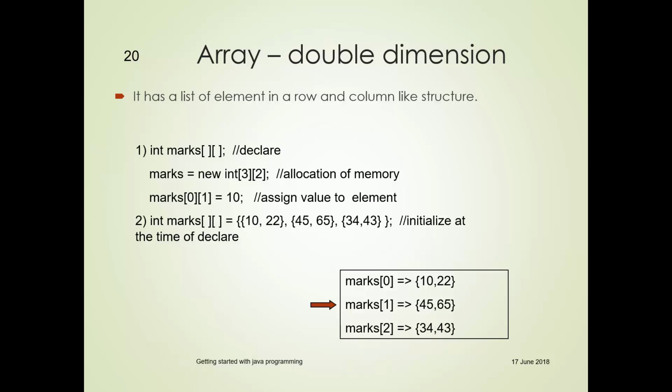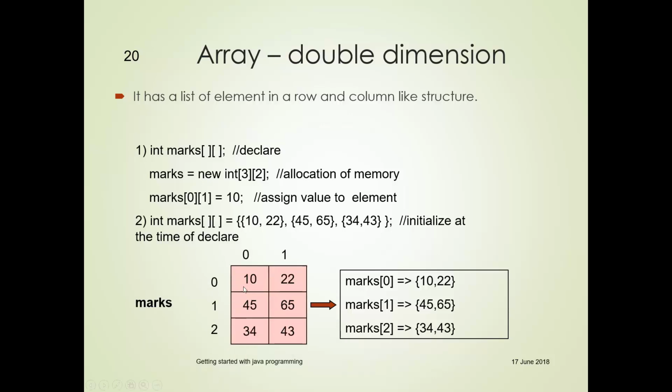In a sense, it stores the data in a matrix kind of format where we have multiple rows. In single dimension we have seen one row of data. Now here we have multiple rows of data. For example, I want to store the marks of various subjects in one single variable.